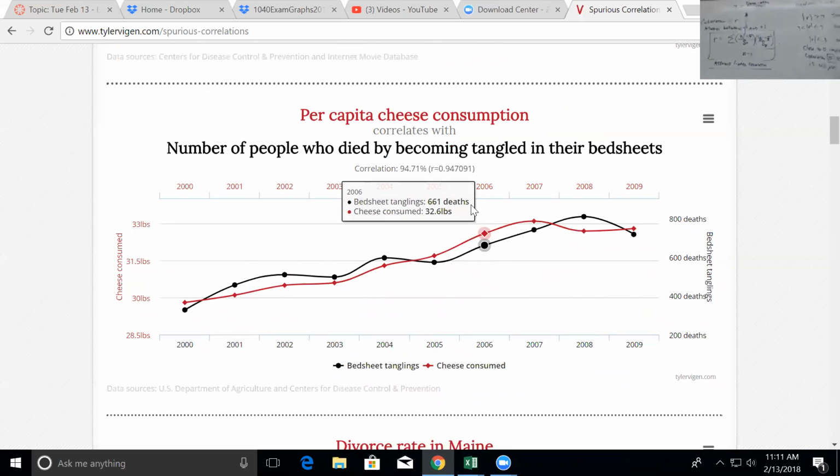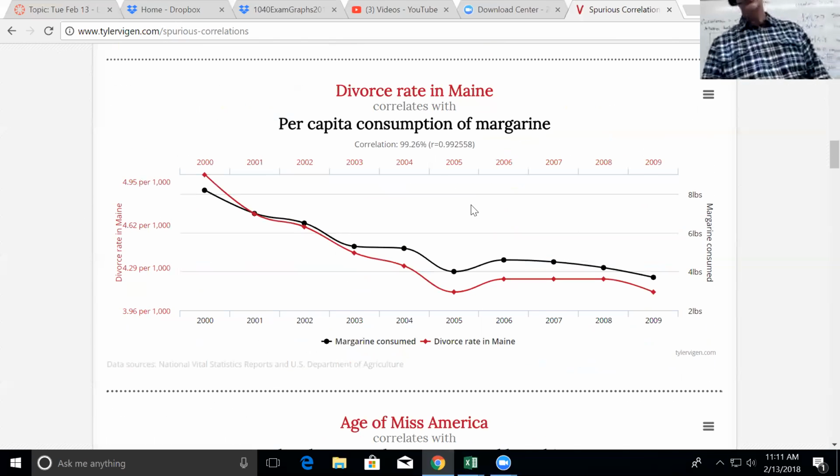Per capita cheese consumption and the number of people who died by becoming tangled in their bed sheets. Stay away from cheese. Okay? Now, this has got some fun ones here. We'll talk about the divorce rate in Maine and the per capita consumption of margarine. If you eat margarine, you're going to have a bigger divorce, right? Do you think those are related?